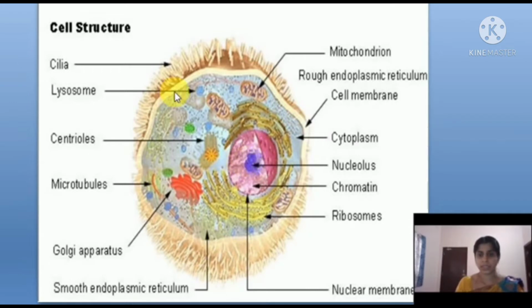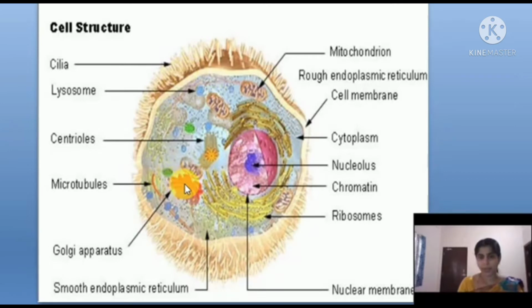It is a jelly-like substance. It contains a variety of small structures known as cell organelles. So these lysosomes, centrioles, microtubules, Golgi apparatus, smooth and rough endoplasmic reticulum, ribosomes, chromatin, nucleus, and especially mitochondria, all these are cell organelles.